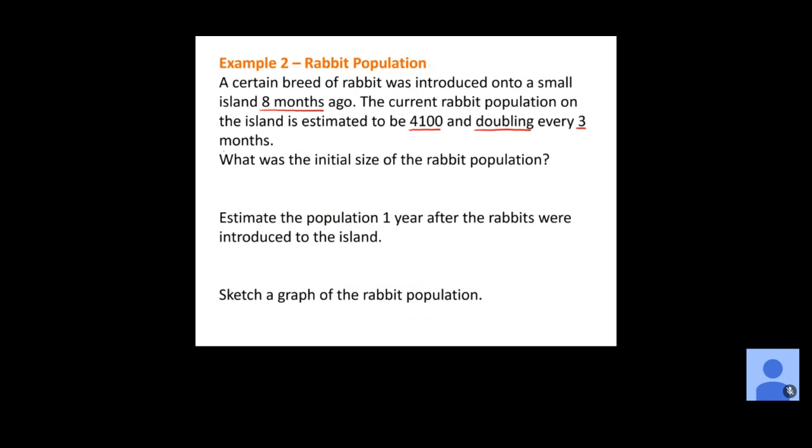So this right here is our A value because that's our doubling time. 8 months is going to be the T value. And 4,100 is what the population is after 8 months, so that's our N of T. And we're trying to solve for N sub 0, the initial population.